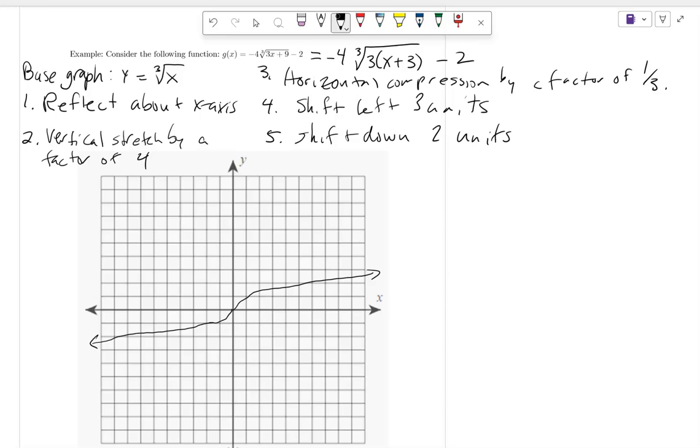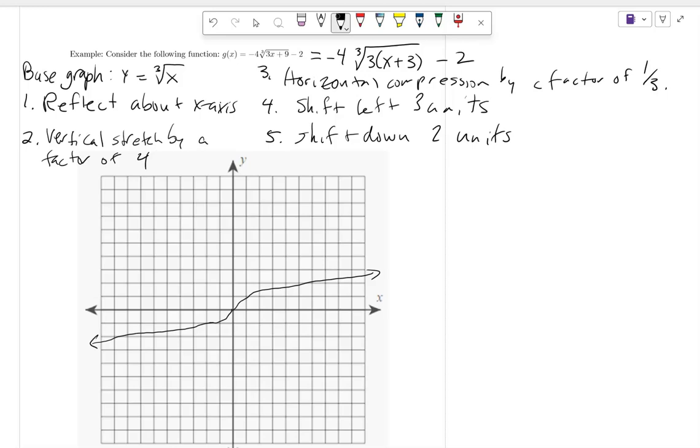I like to think of my compressions as being 1/3 as wide, so it's getting smashed in. That's why I did the reciprocal. Let's put it that way.